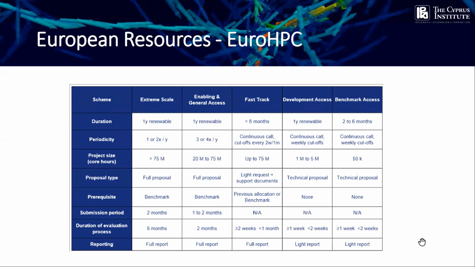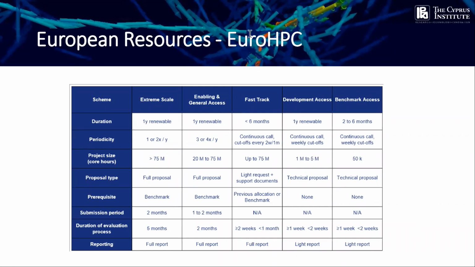And there's also development access and benchmark access, which is similar to the preparatory access that I mentioned earlier, both the PRACE and the Competence Center ones. But there's also fast track access.